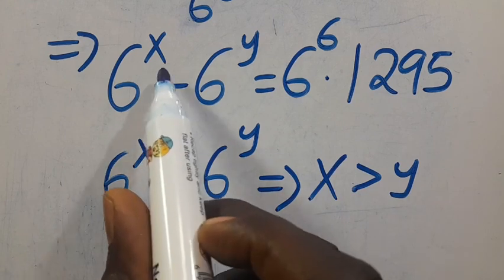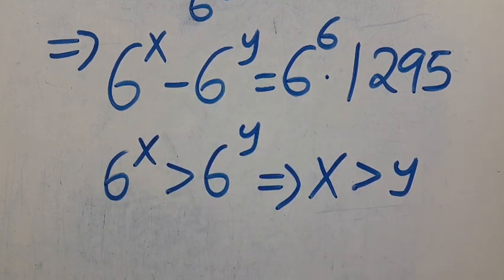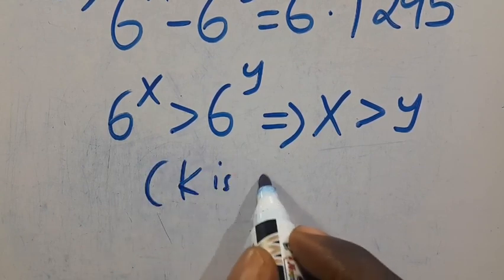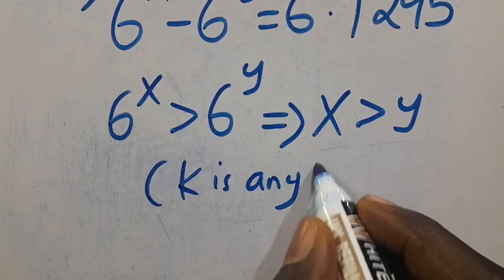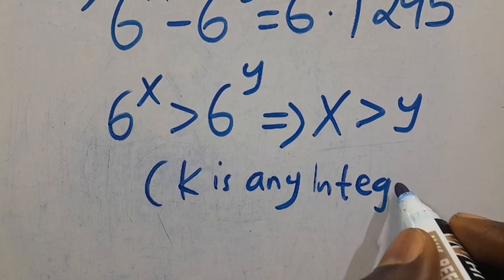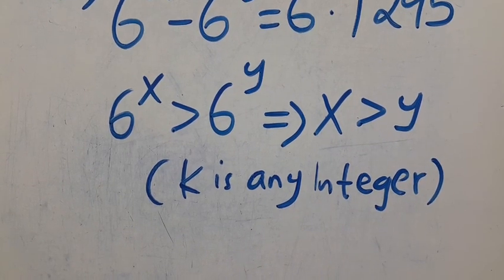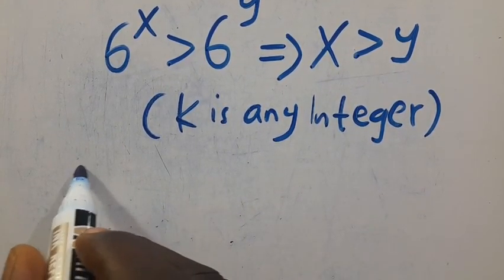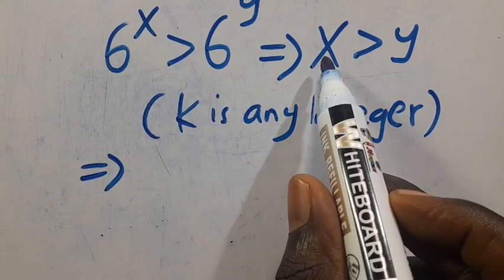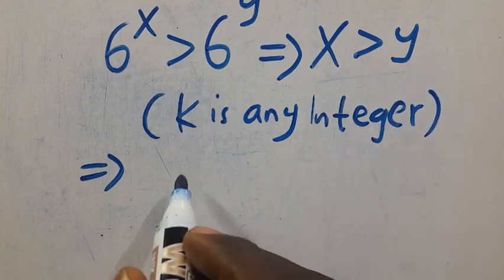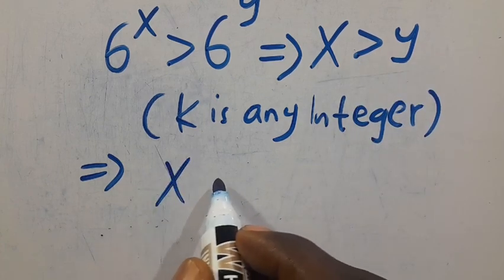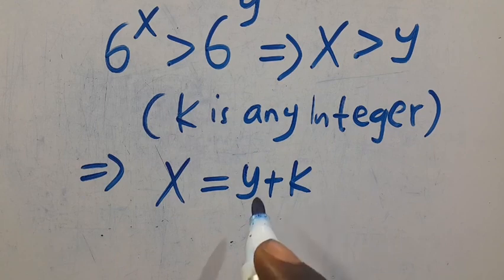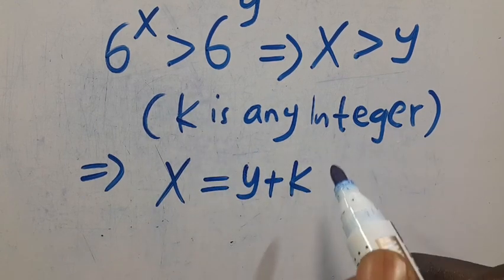So if x is greater than y, we are going to have x equals y plus k, such that k is any integer.